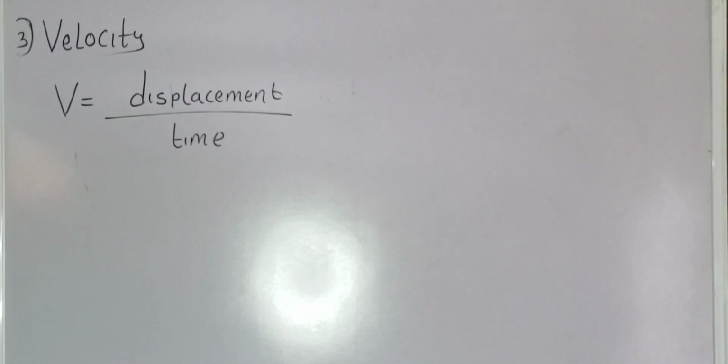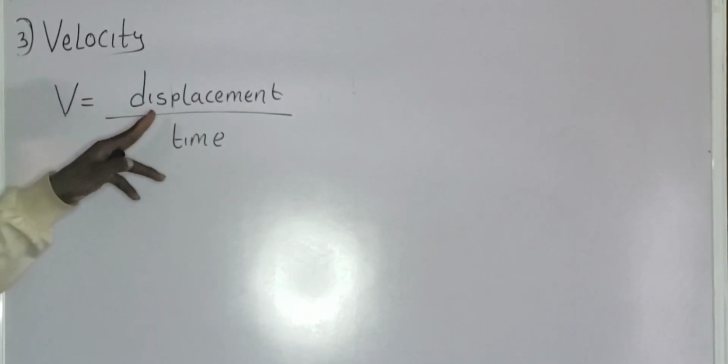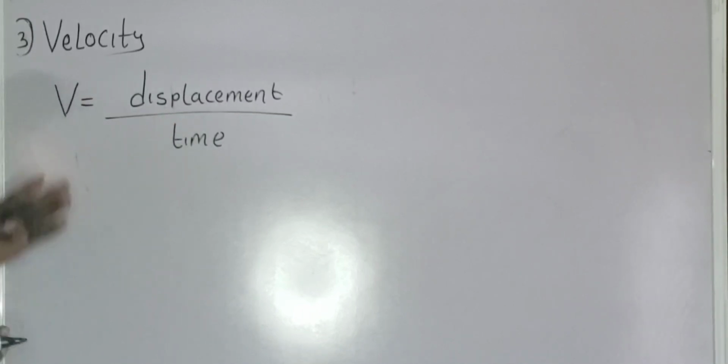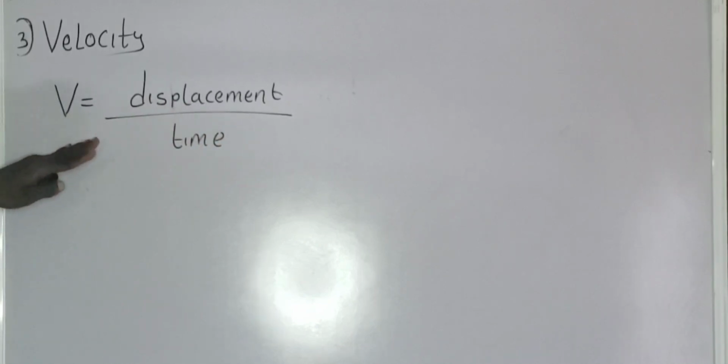And don't forget that I told you scalar quantity has magnitude and what? Scalar quantity has only magnitude, while vector quantity has magnitude and direction. So therefore, displacement has magnitude and direction, and velocity is related to displacement. Velocity is directly proportional to the displacement. So velocity is a vector quantity.